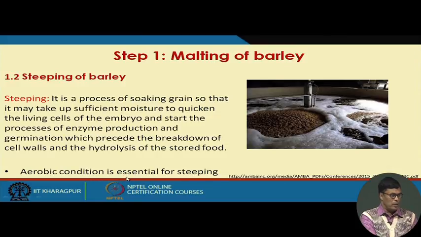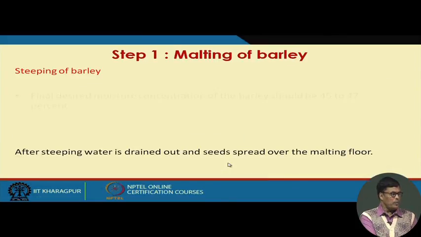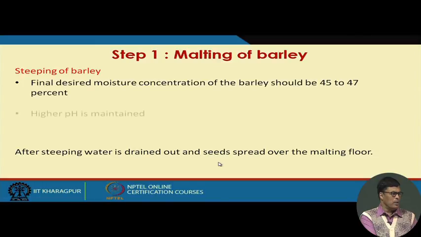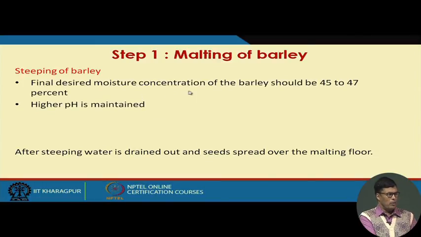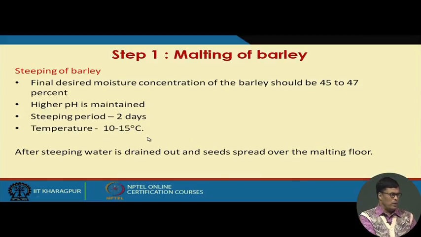This is done in aerobic conditions. After the steeping process, the desired final moisture concentration of the barley grains should be 45 to 47%. A higher pH is maintained, the steeping period is usually 2 days, and we maintain the temperature at 10 to 15 degrees centigrade.